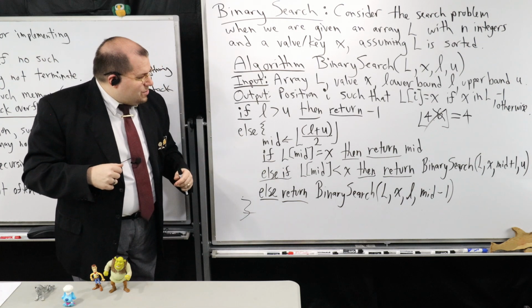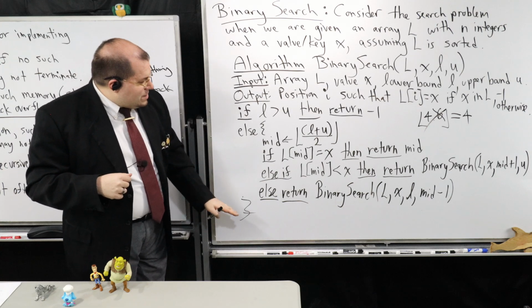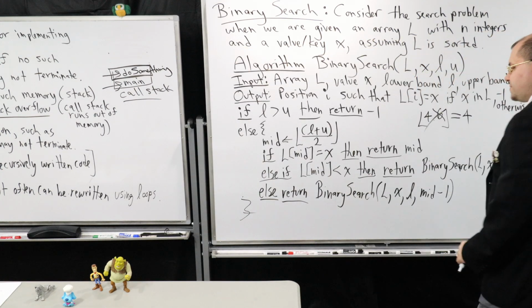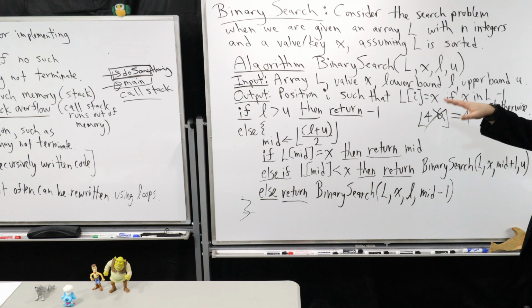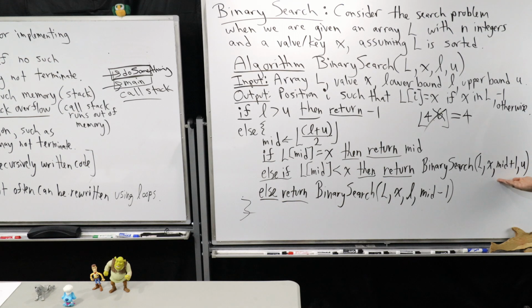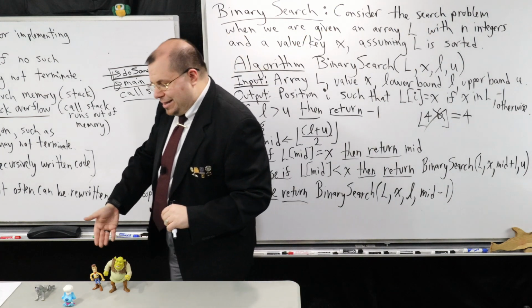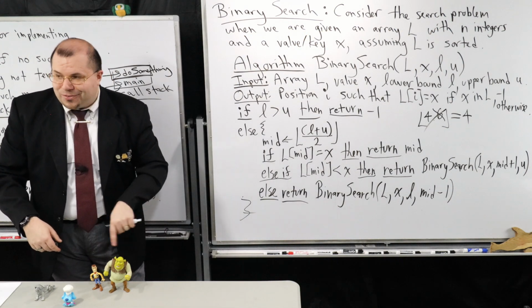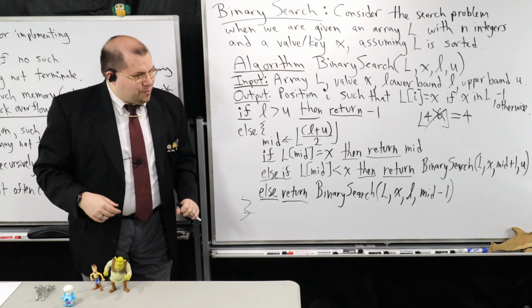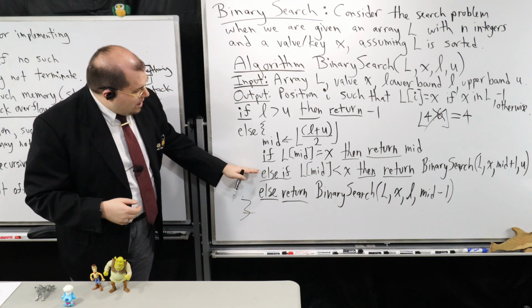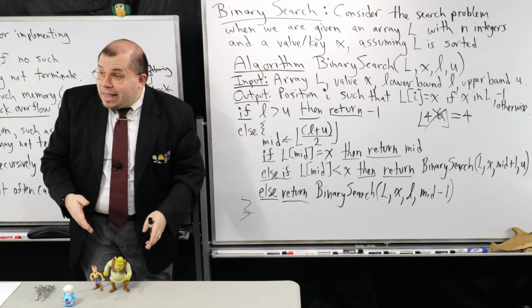If, for example, L sub mid is less than X, so my guess is too small, less than the key, then I need to consider the right half. For example, that would be examining my friends over here, say if I'm looking for this lovely jolly green character here. Otherwise, I examine the left half.